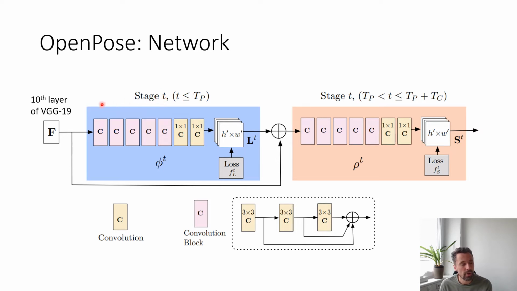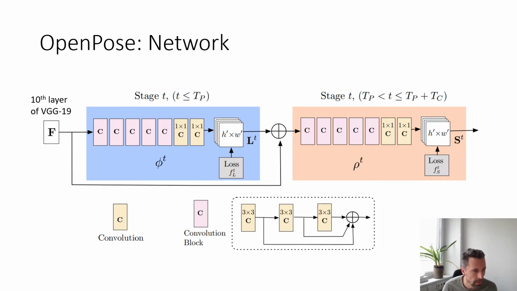The stage just says we have this block of layers multiple times, but they do not share weights, so they are different networks, but they all have the same task. They have to create this tensor L, which is the part-affinity field. Let me just write that down for you here.